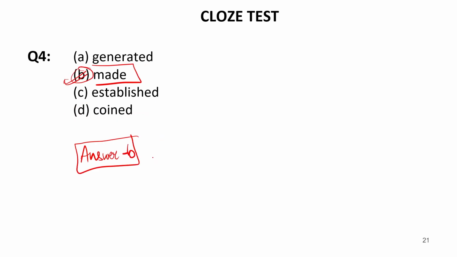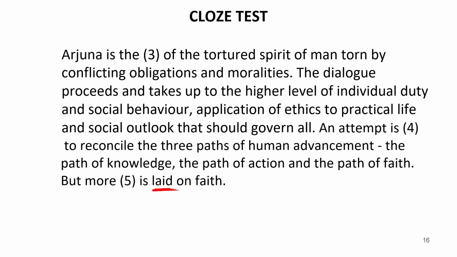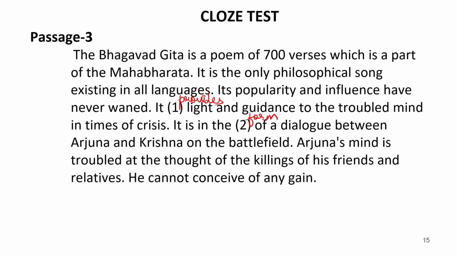Now, let us read the entire passage again. The Bhagavad Gita is a poem of 700 verses, which is a part of the Mahabharata. It is the only philosophical song existing in all languages. Its popularity and influence have never waned. It provides light and guidance to the troubled mind in times of crisis.